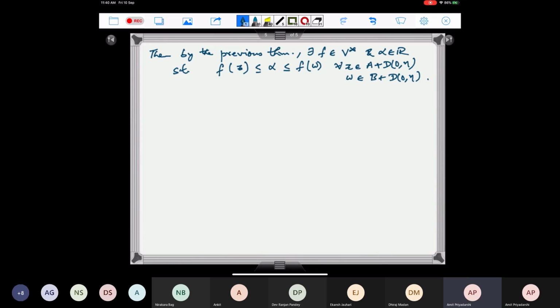What we had to show is that there is some epsilon such that f of x is less than or equal to alpha minus epsilon for all x in A, and for all y in B, f of y is bigger than or equal to alpha plus epsilon. So from this we will try to get that.